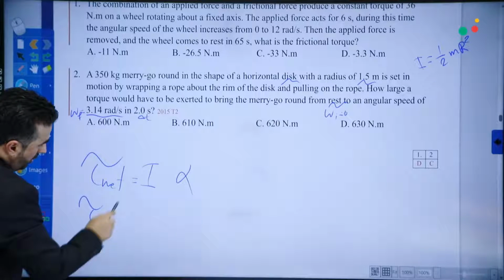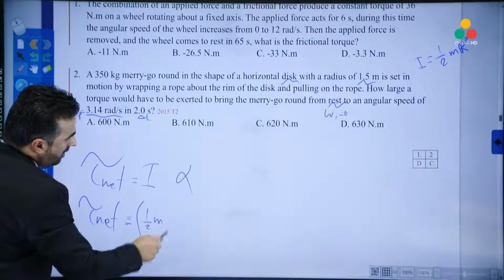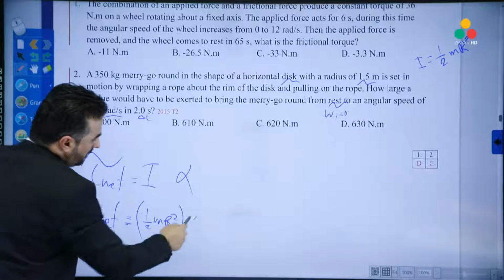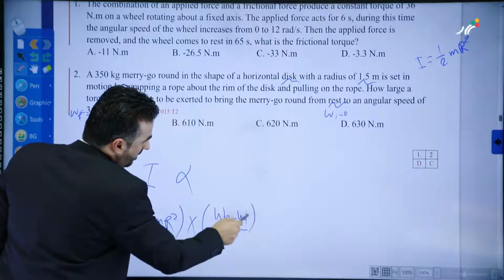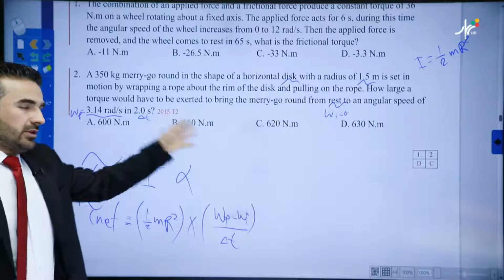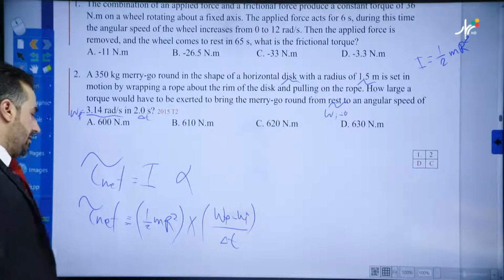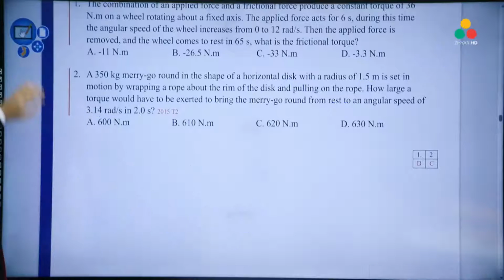Once again, the net torque equals the moment of inertia of a disk, 1 over 2 mr squared, multiplied by the angular acceleration, that is final minus initial, divided by delta t. You plug in the numbers, and of course you'll get one of these options, and then you can choose that. Again, this would be your homework, there are 2 questions.